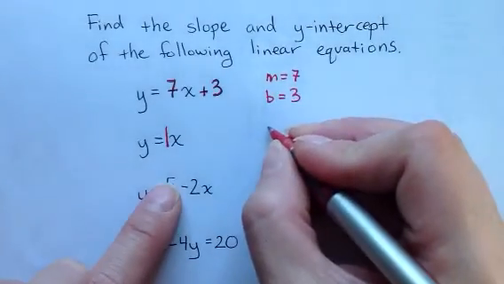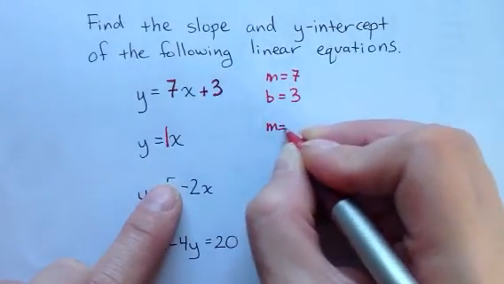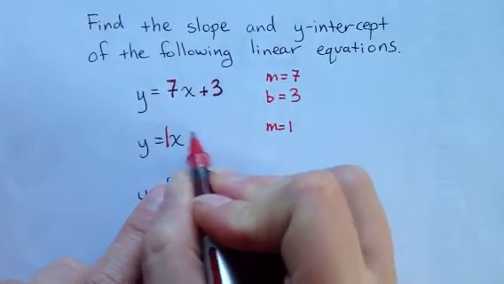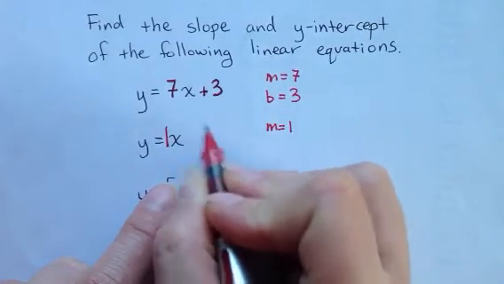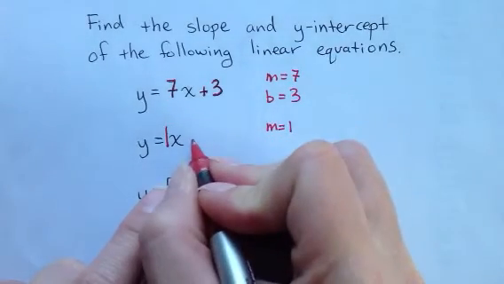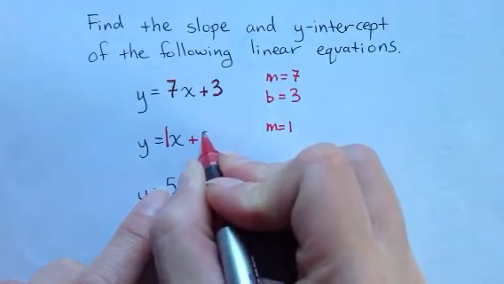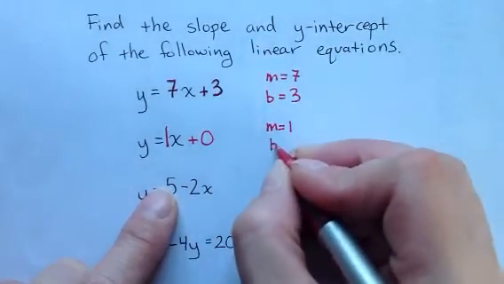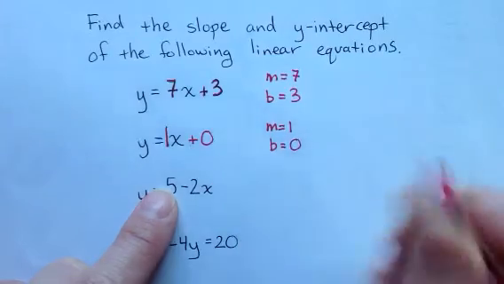So our slope for this line is 1. Another identity property is going to help us find what the y-intercept is. If I don't see any constant term, I know that what that must be, according to the identity property, is 0. If I add 0, it won't change it. So my y-intercept in this second equation is 0.